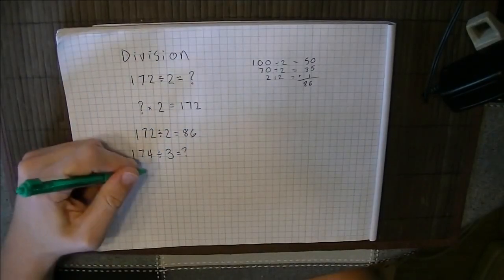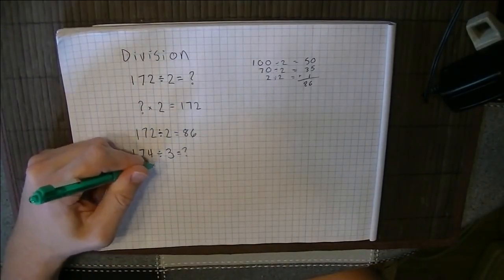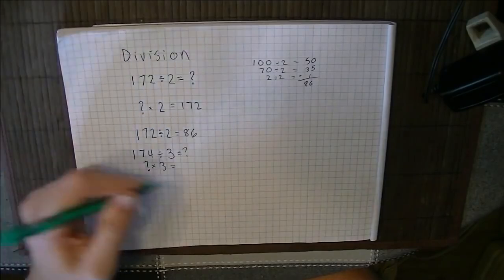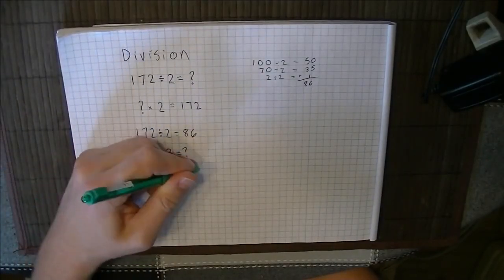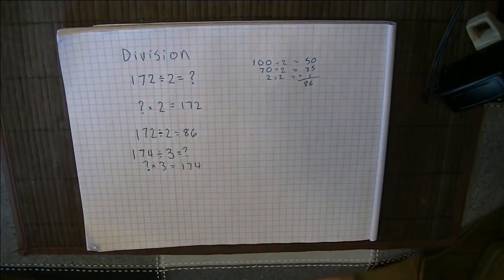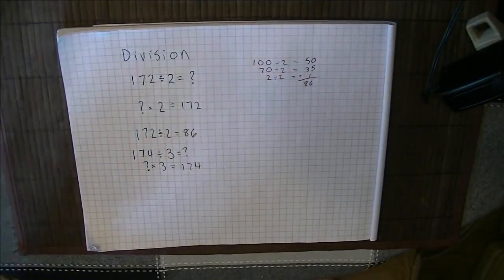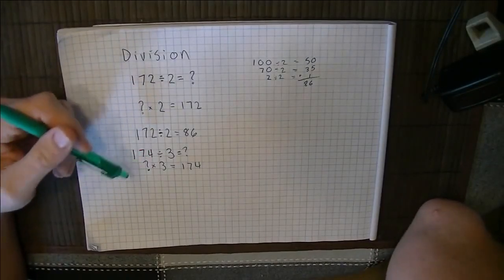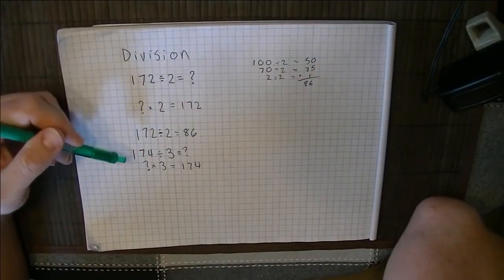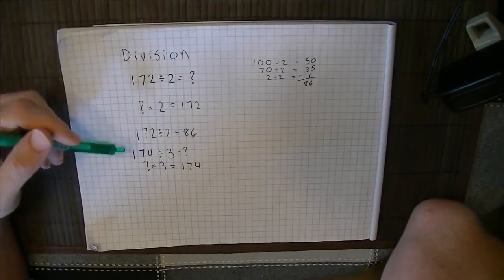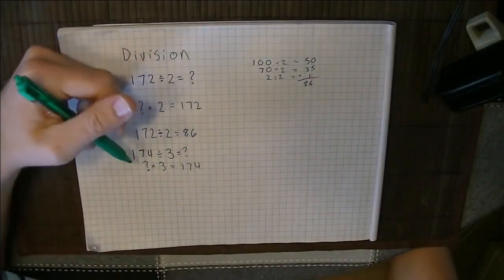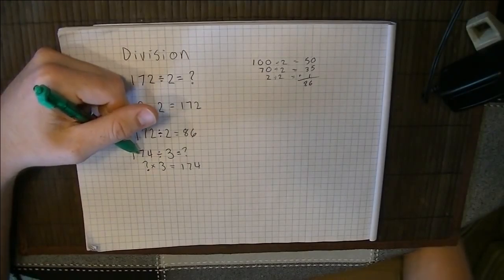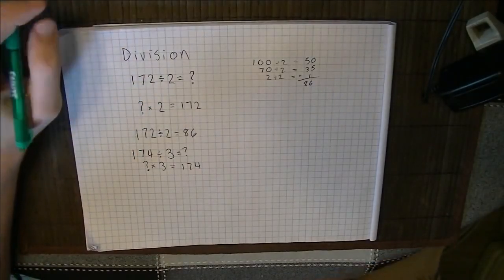Okay, well, it's still asking the question, okay, I need to take a number and multiply it by 3 and get 174, and I'm going to try and do this the same way, but I need to be a little bit craftier. I need to come up with numbers that I know 3 goes into, that I can break up and try and get them so that they add up to 174.